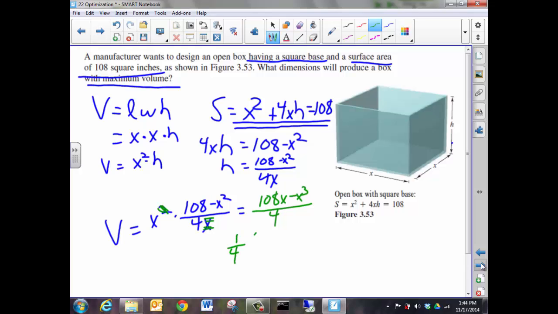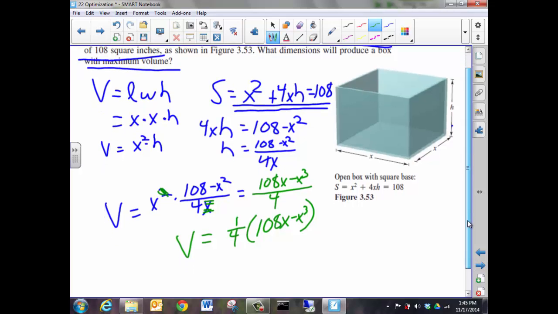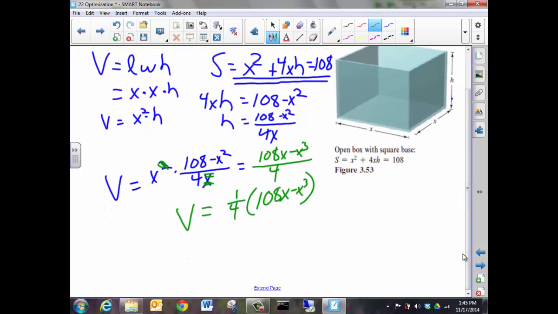And I'm going to write it with the 1/4 out front because I don't like quotient rule. So I think I can stay at that. That's my volume. Now I should be able to take the derivative of that volume. See if you can take that derivative, set it equal to 0, and come up with an answer.